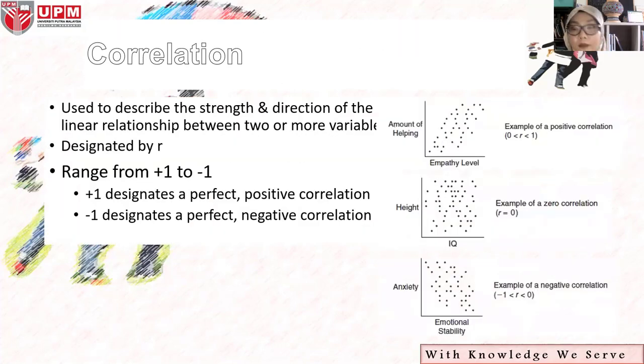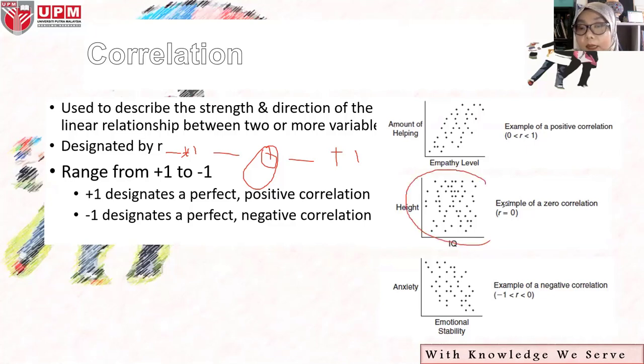Before I forget, there is another value, which is 0. Between +1 and -1, there is a 0. So 0 here means the absence of relationship. Zero indicates that there is no correlation between the IV and DV, as illustrated in the second graph.